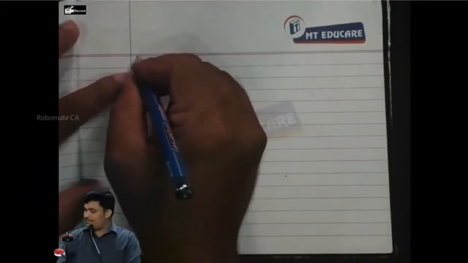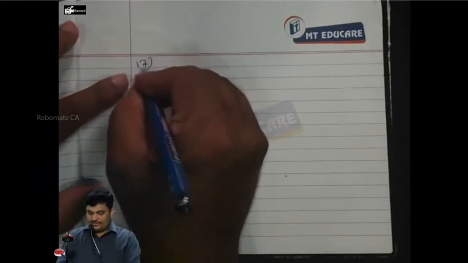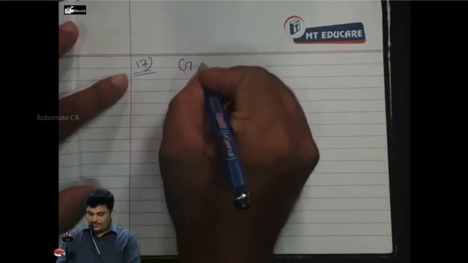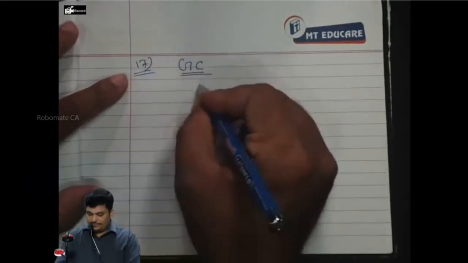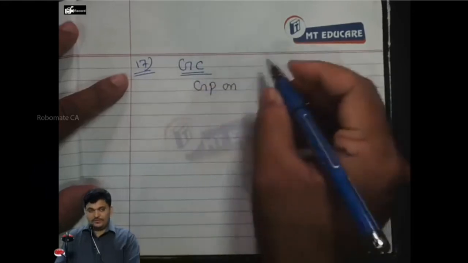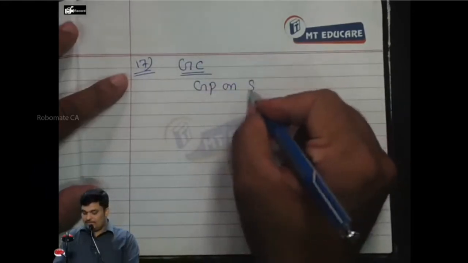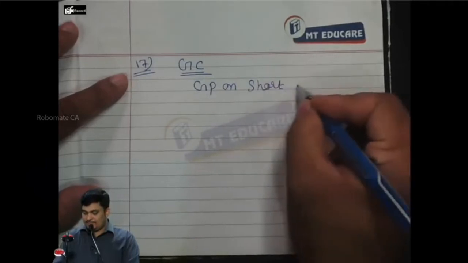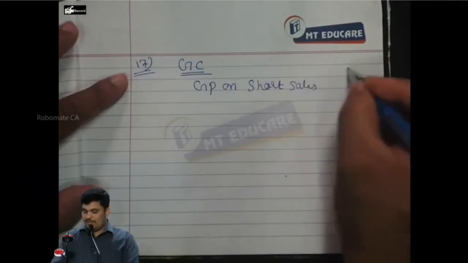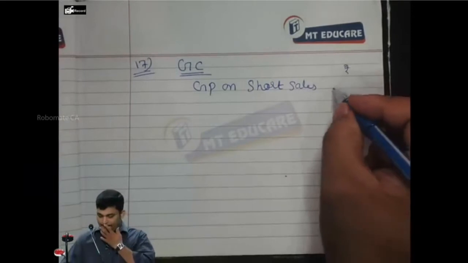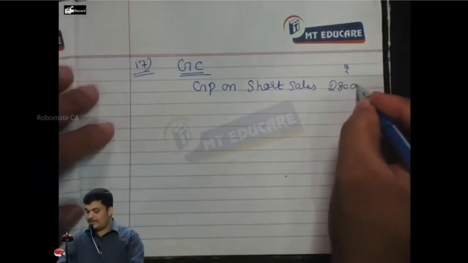Question number 17. Gross claim. GP on short sales: how much? 2,80,000.